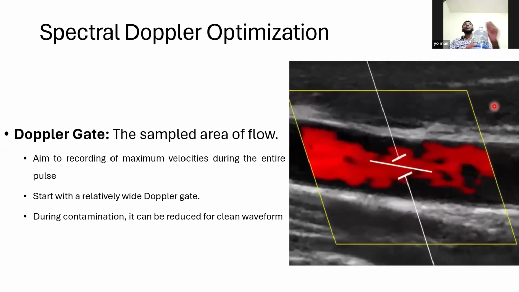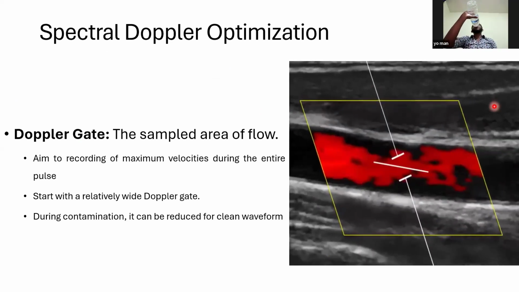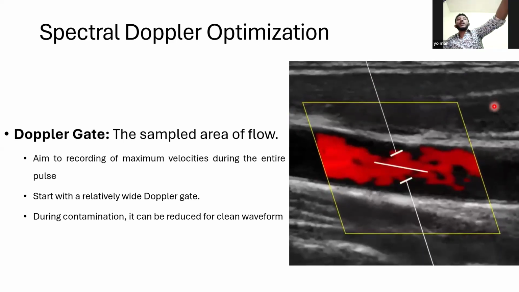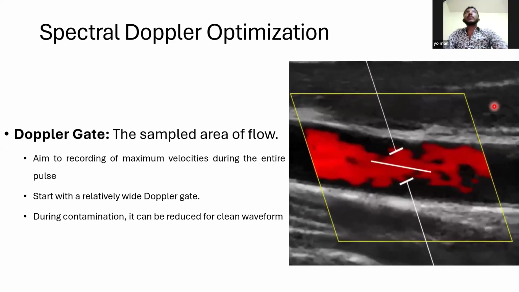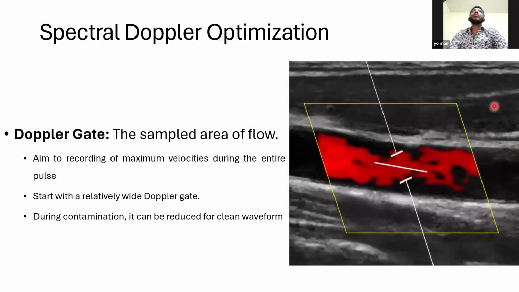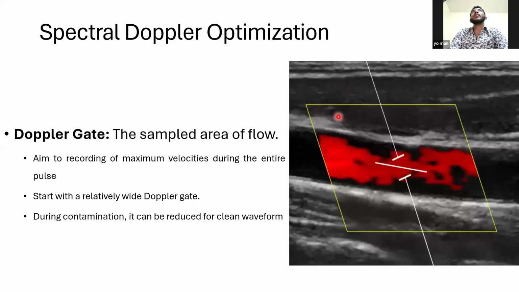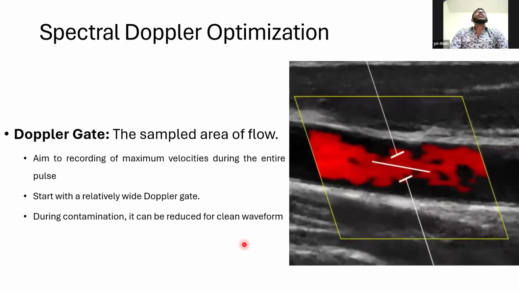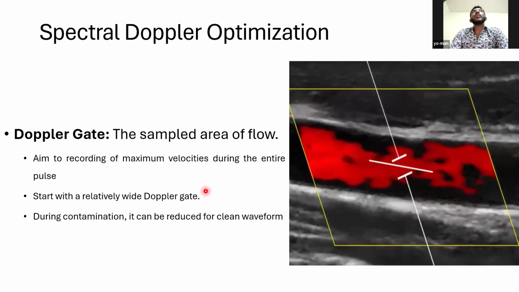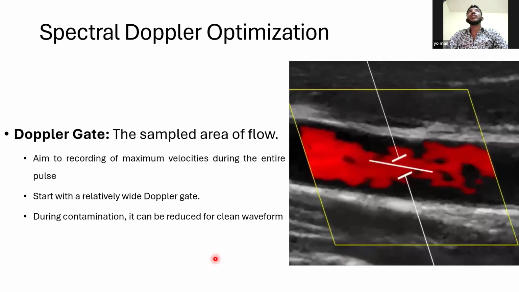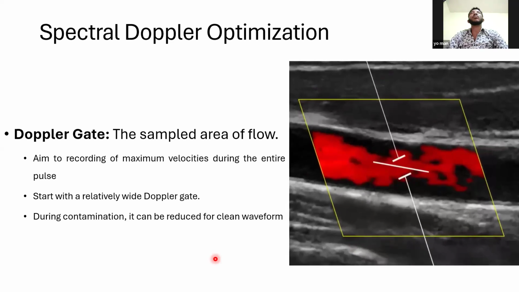The other thing is the Doppler gate. A Doppler gate is a sampled area of flow. As you can see here, this is a Doppler gate, this is a Doppler window. The aim of placing a Doppler gate is to record the maximum velocity during the entire cycle.